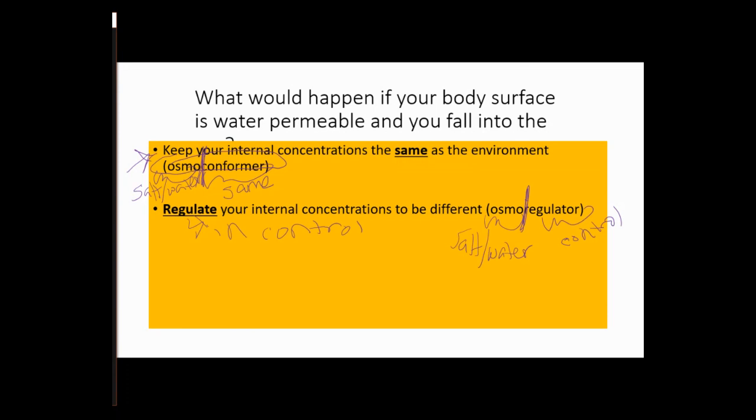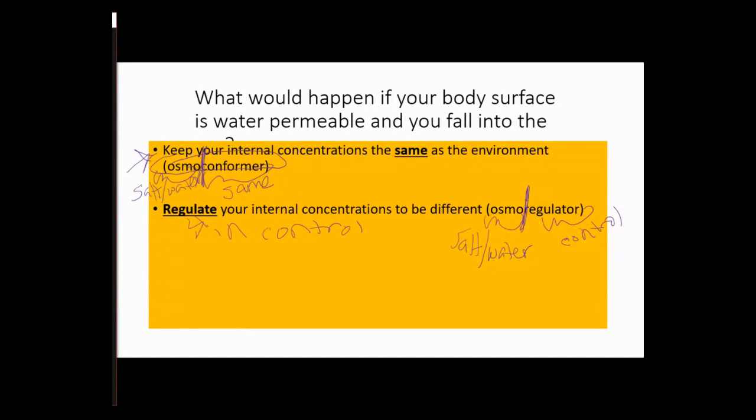Okay, so let's take a couple of minutes here and really explore what these two different options look like, and what some of the inherent problems or struggles with each of them are. So why wouldn't everybody just be an osmoconformer? Because it really does feel like the simpler solution.